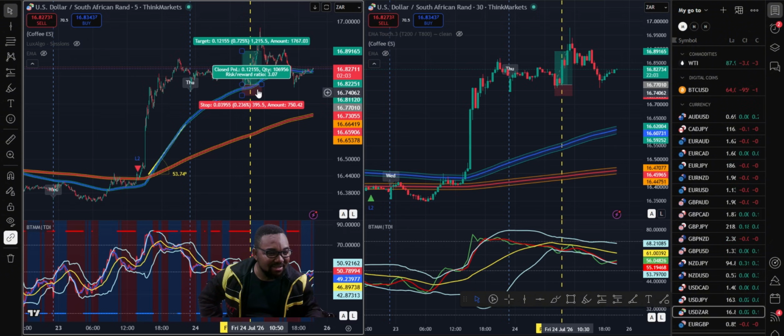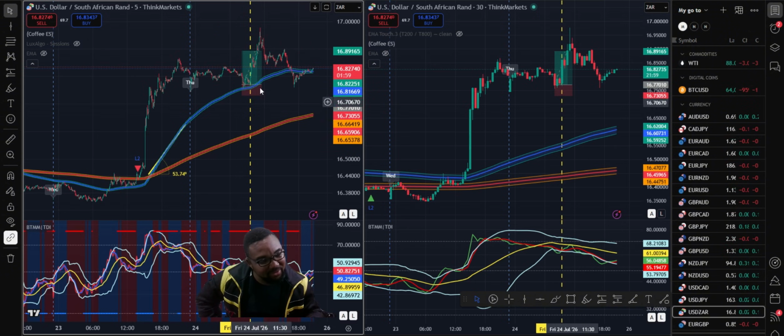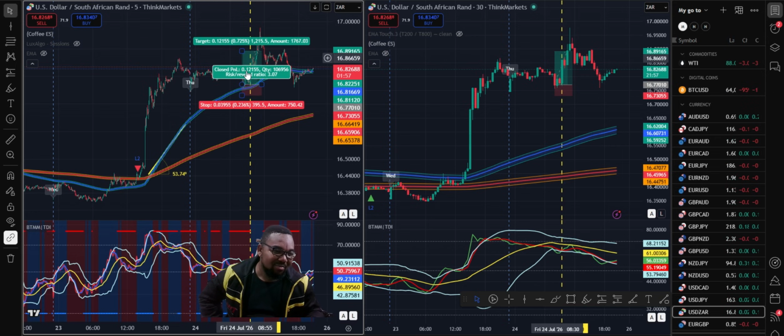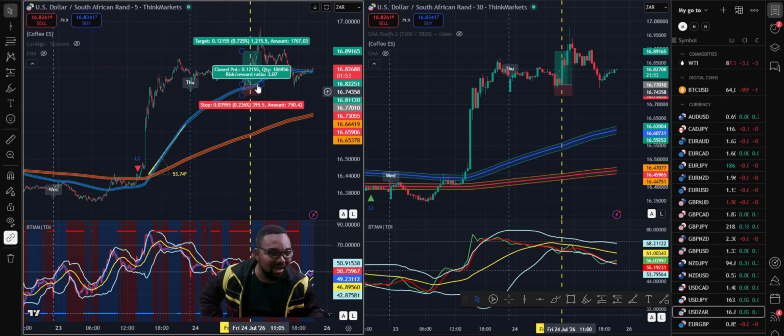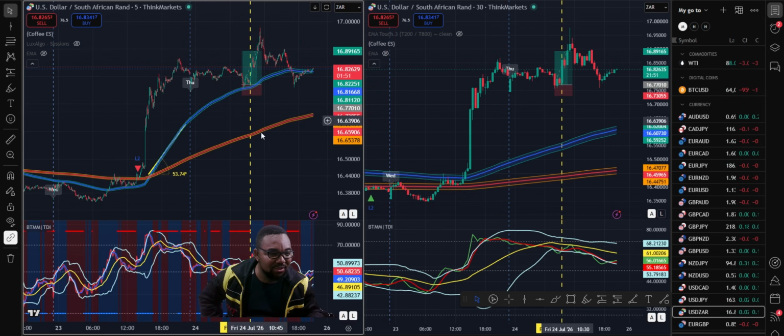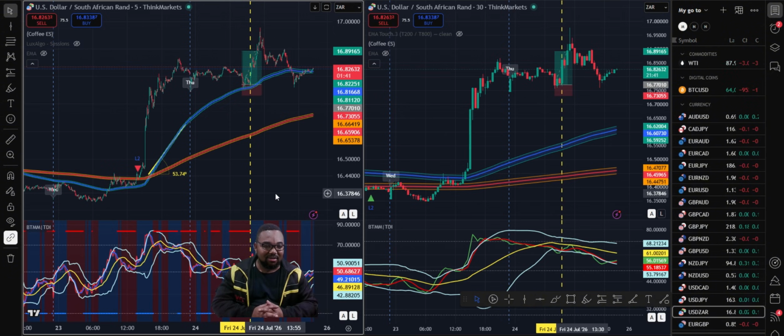Now, on the next day, during London, which is today, we got a very nice bullish setup, right? And our risk to reward ratio is 3-to-1, right? Very nice setup. Very nice, easy market play. It might change your life if you follow it.